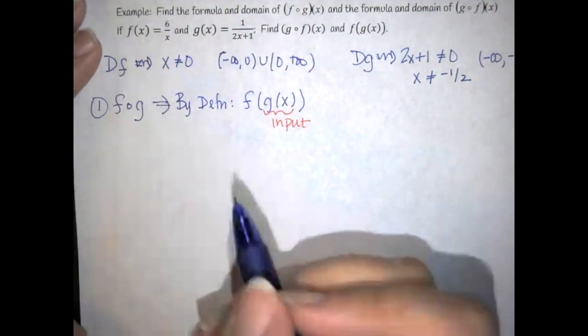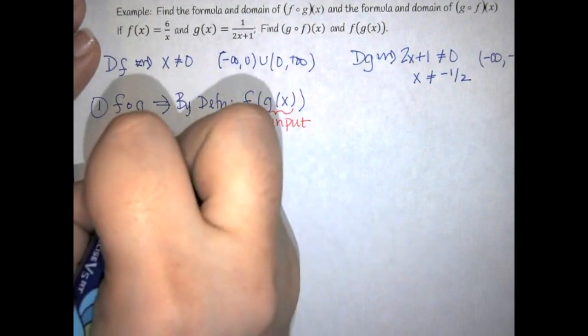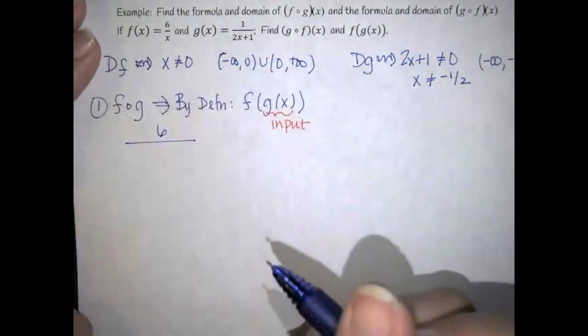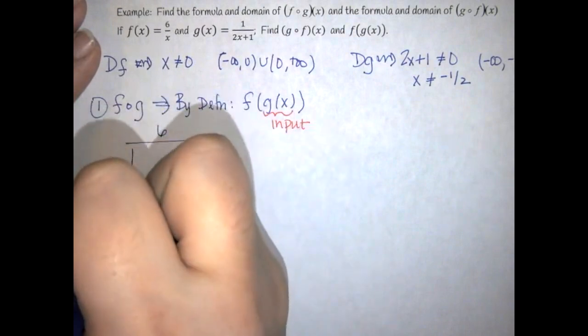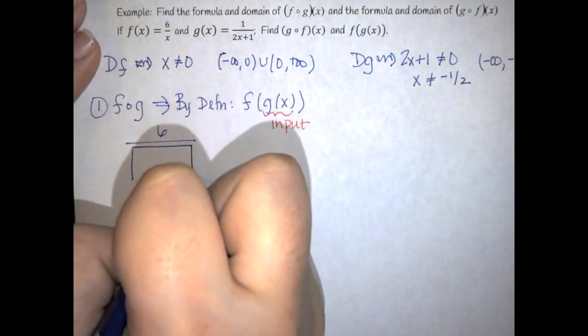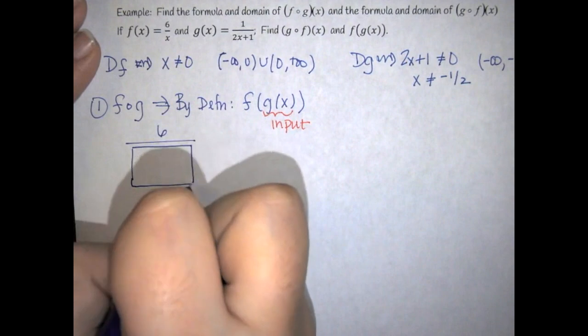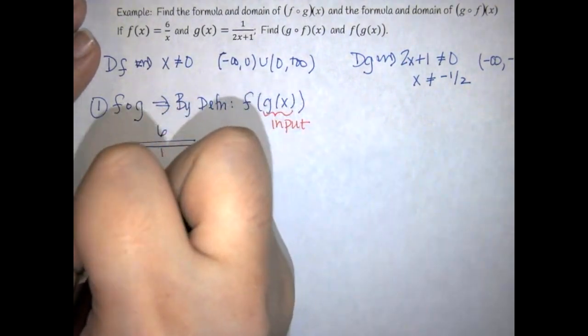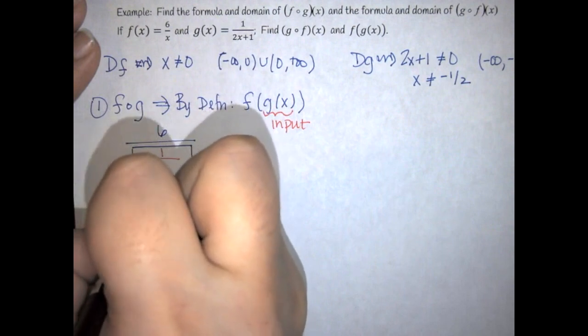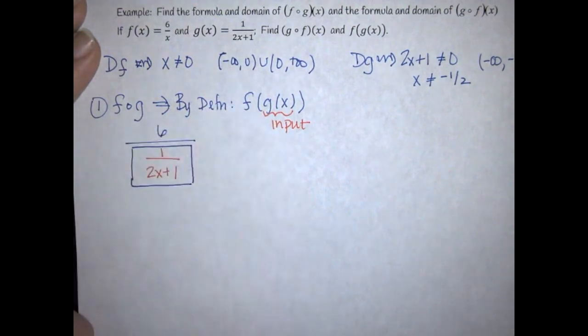So f is the outermost term, so this is 6 divided by, and then notice x is on the bottom. So it's 6 divided by something. And the something that goes in there is g. And g was 1 over 2x plus 1.